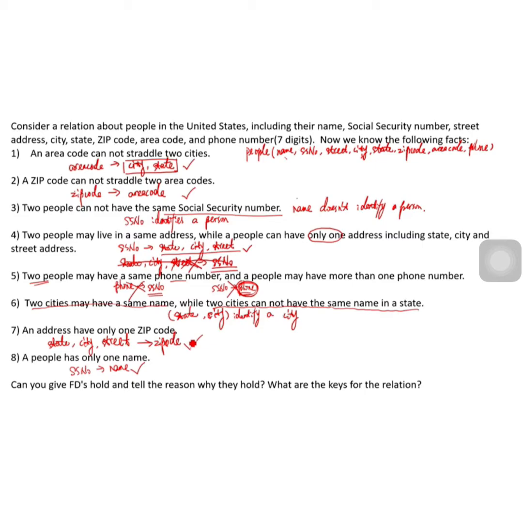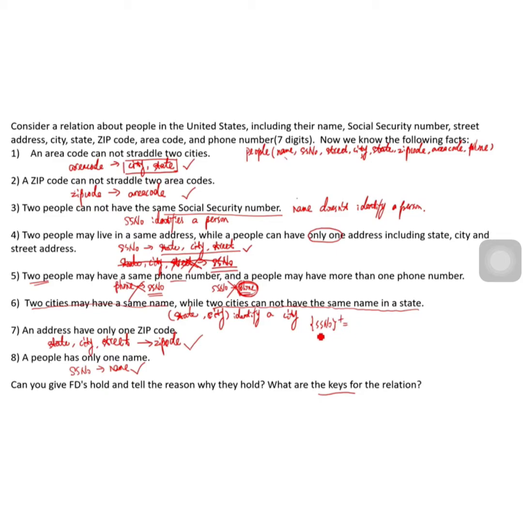Now, based on these FDs, what are the keys? Let's look at SS number. Let's compute the closure of SS number first.